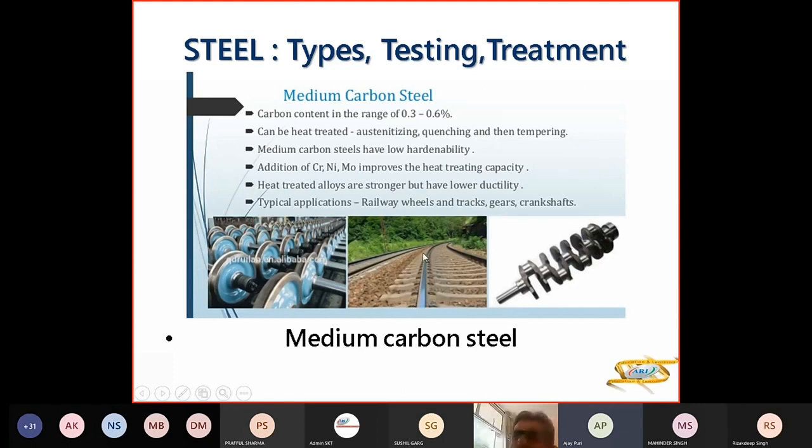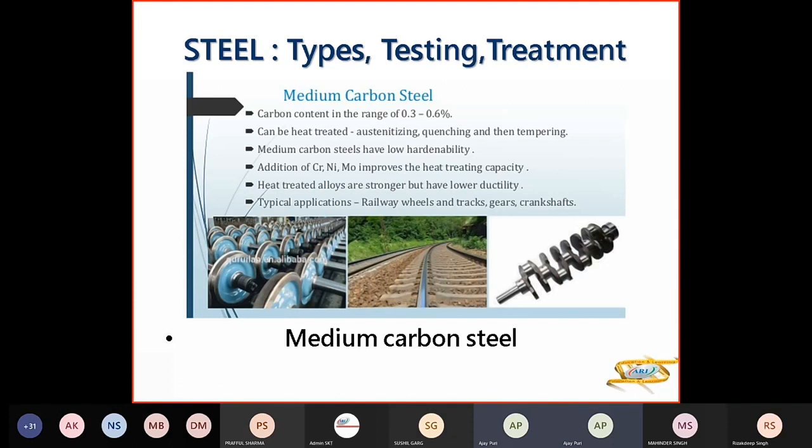These are all made of medium carbon steel. Carbon content is 0.3 to 0.6, and it can be heat treated. Austenization can take place. Quenching, that means sudden cooling of steel after heating, is known as quenching. Then you can temper it.